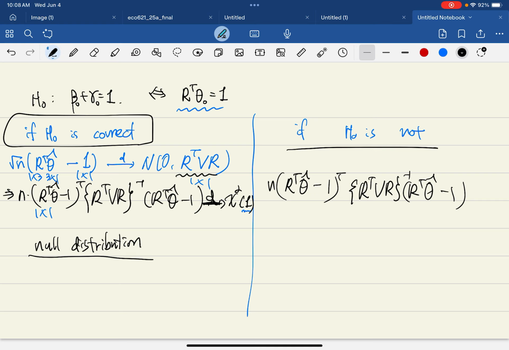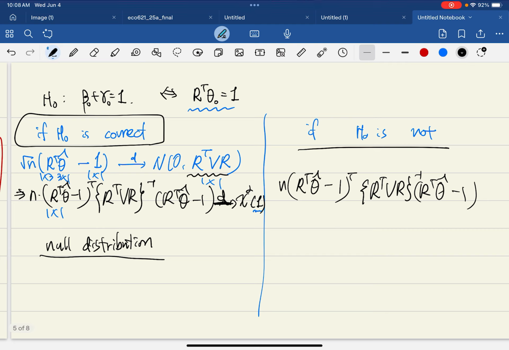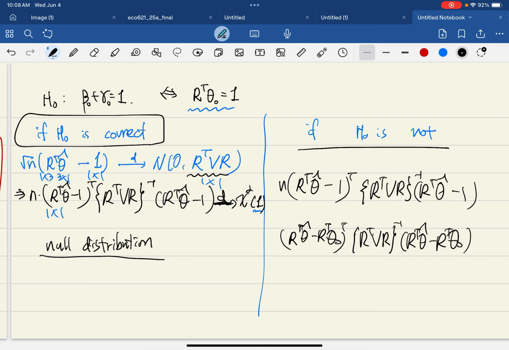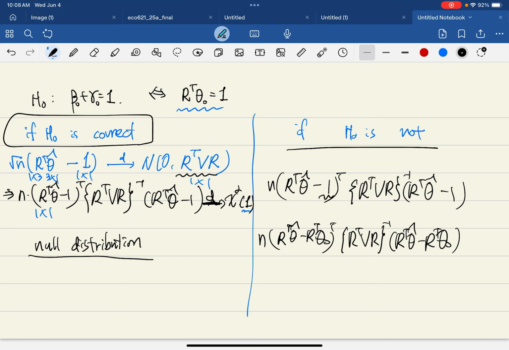Instead it will go to infinity. So 1 is wrong, but this will go to chi-square 1, right?